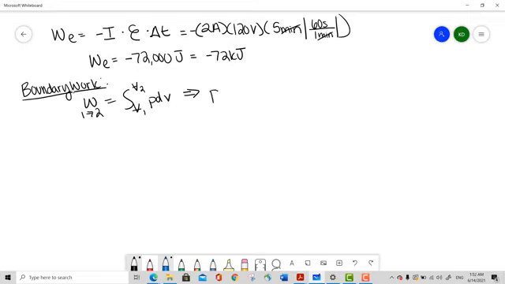What we end up with is P times (V2 minus V1). Okay? And so then we can plug this into our previous formula, which remember was U2 minus U1 equals Q12 minus W12 minus work of the electricity. So let's go ahead and just rewrite this down, but plugging in this for work 1 and 2.